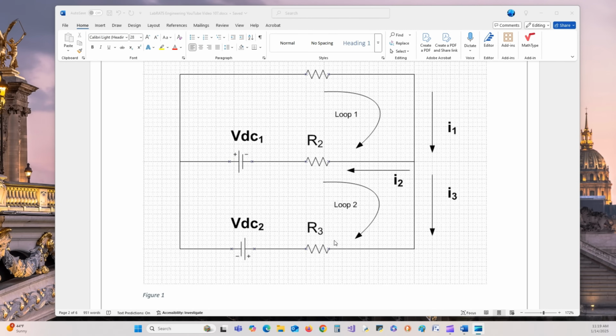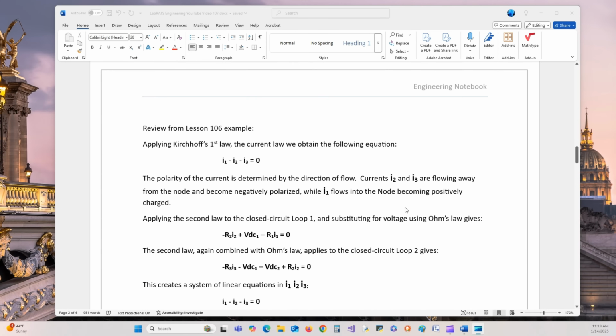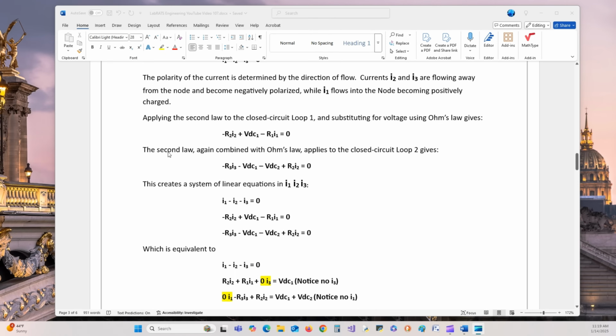Coming into here, this is positive and negative. That makes that a negative R3I3. Going through VDC2 makes that a negative. VDC2 coming through VDC1 makes that a negative. The sum of all these voltage drops equals 0, as it is expressed in this equation here for the second loop, closed circuit loop 2.